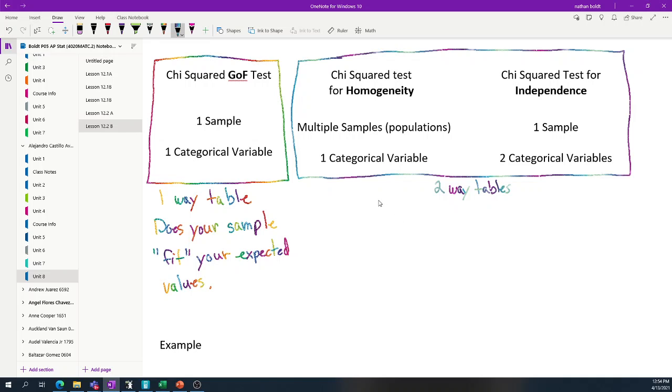So in a chi-squared test for homogeneity, you're asking yourself, hey, are these 2 populations the same?